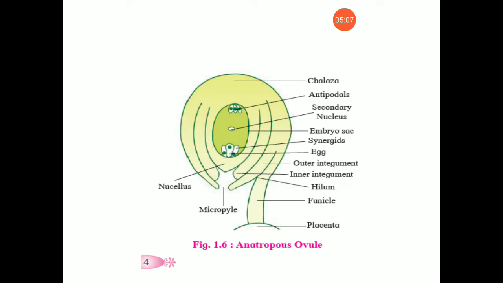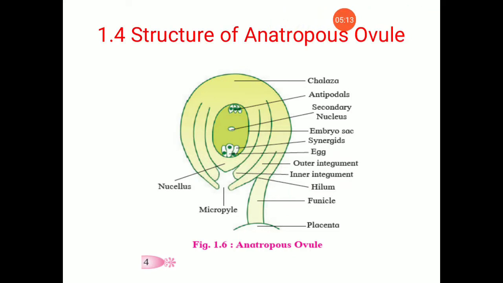and it consists of central egg cell and two lateral cells called synergids.